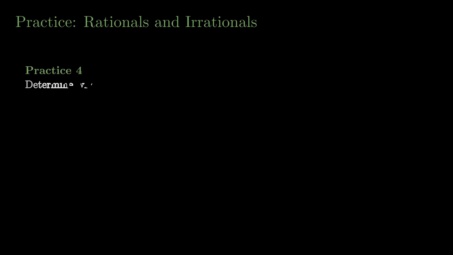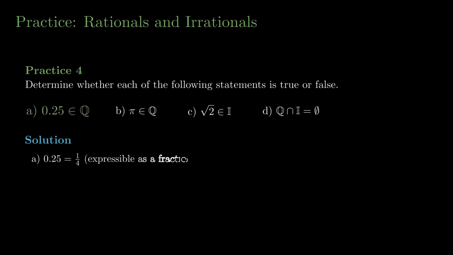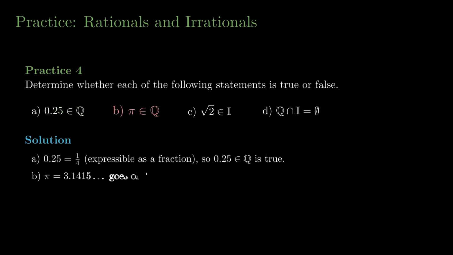Let's test our skills with a practice problem. Identify whether each statement about rational and irrational numbers is true or false. For A, 0.25 can be written as 1/4, which is a fraction, so it is true. For B, pi is an irrational number because it cannot be written as a fraction, so the statement is false.